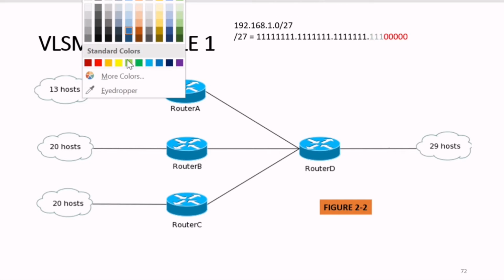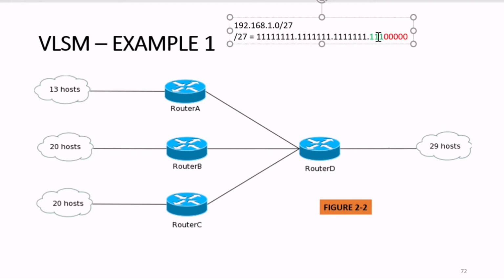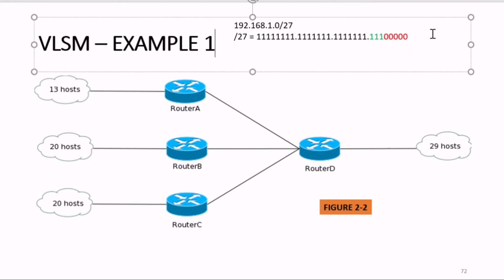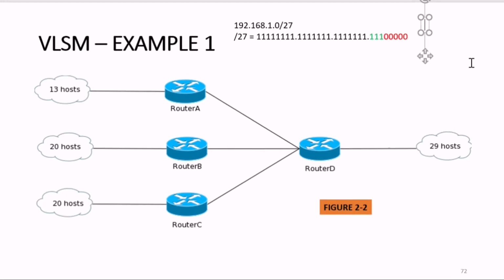Blue color, not green color, and the others are the network range. So the network range is black, blue is the subnet, and red is the host. From here we know that the total is 2 power of 5, so it should be 32 hosts.